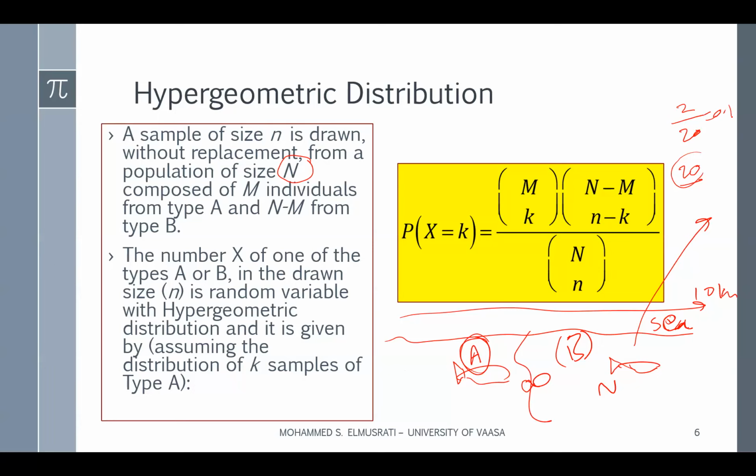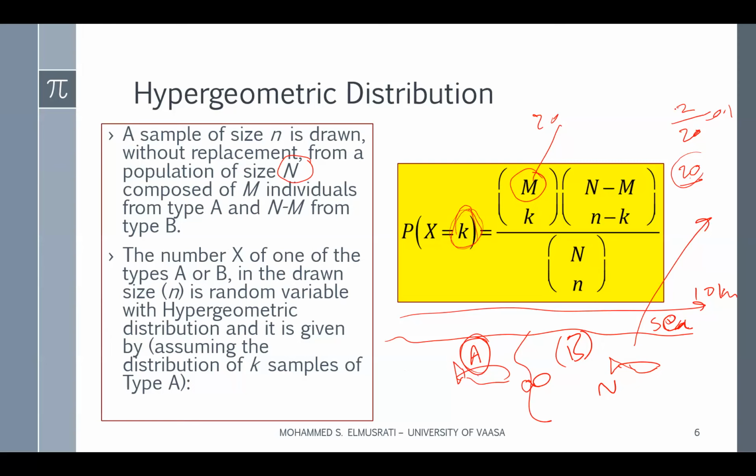The hypergeometric distribution says that if you have any two kinds of items, and you take a sample of these items, and the number of the sample that you take is m, in this example 20, so m here is equal to 20. And then the number of one of those kinds, A or B, was A. So what is the probability that you will have A?